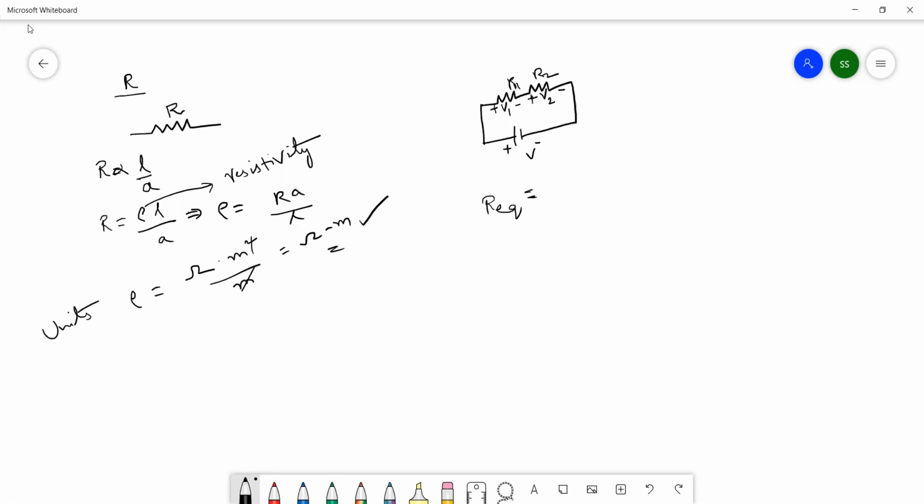So now how does this R1 plus R2 come? You just need to apply your KVL. This is an example for KVL.